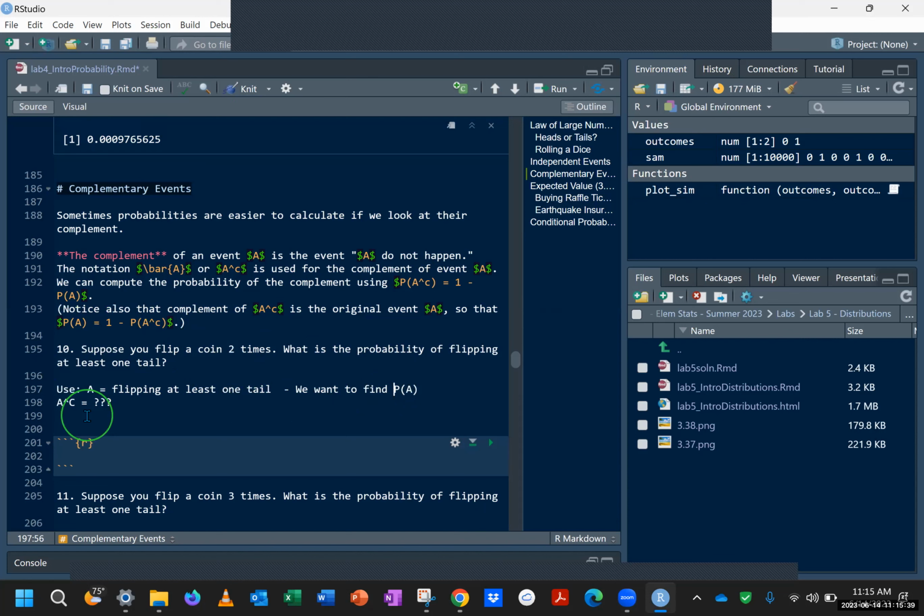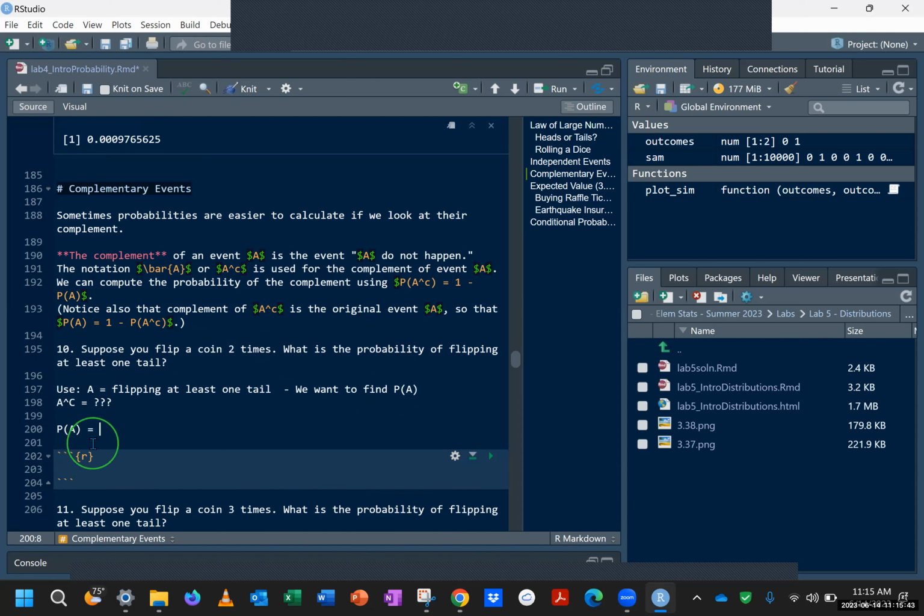Well, we know P of A equals 1 minus P of A complement. So if we can find A complement, this is like a superscript symbol C. So A superscript C is an easy way to write it. If you use dollar signs, it makes it look nice as a math formula, but either way, you can see what I'm writing.